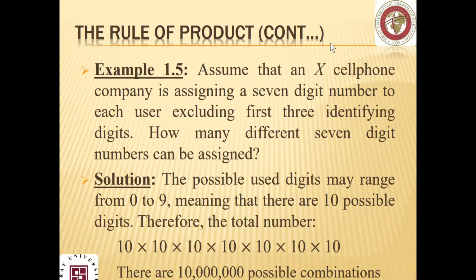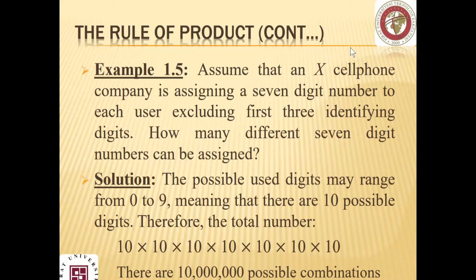Of all these 10 digits, the first 3, let's say, are used for the company, so they are unique for the company, they don't change. Whatever you say, it depends on the country where you are residing or buying your cell phone from, and the operator as well. So we don't care about the first 3 digits.